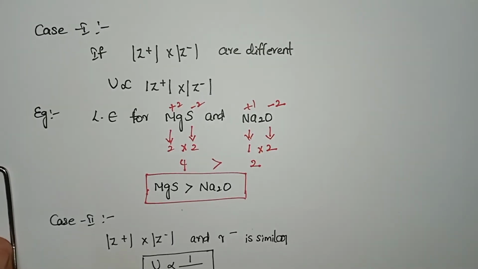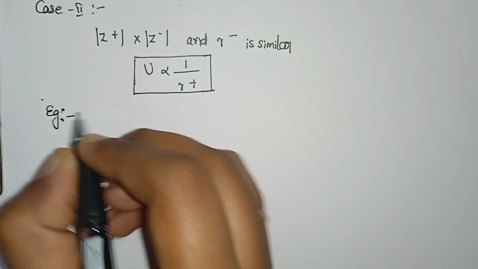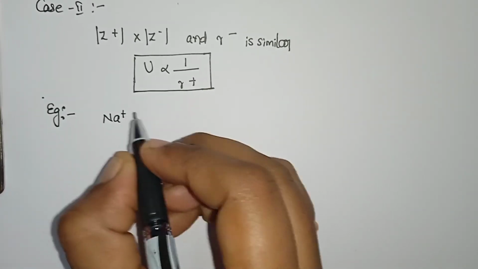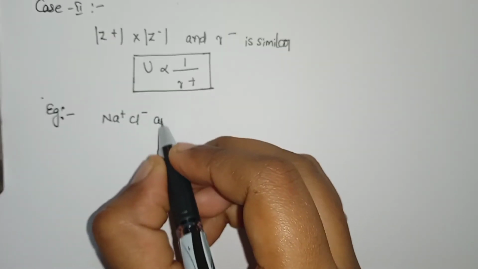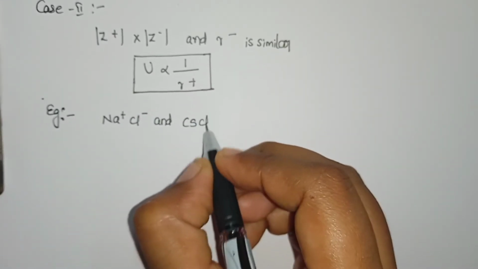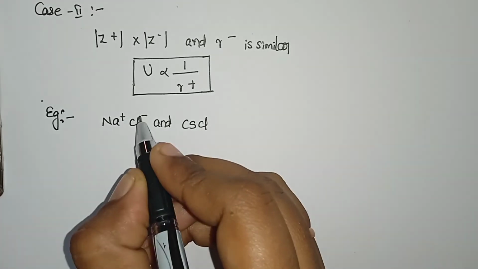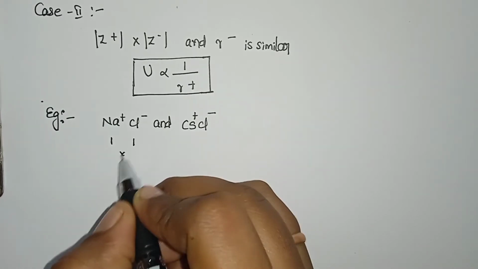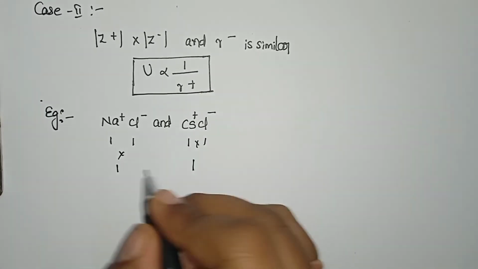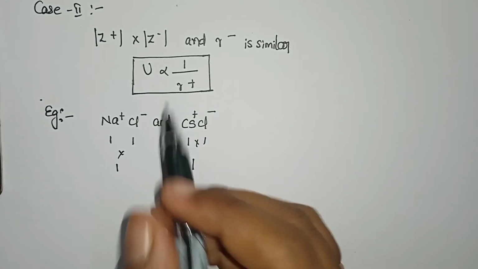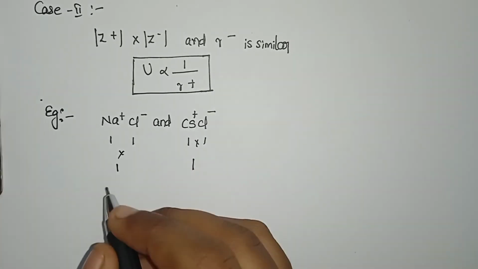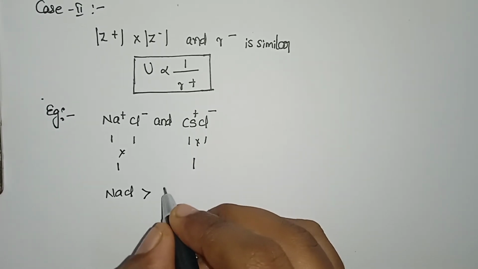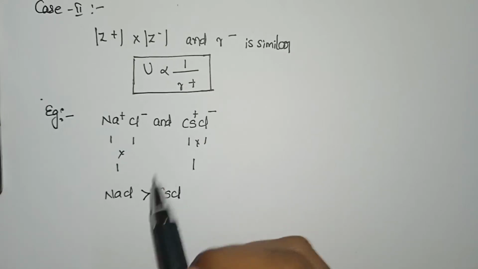For example, the order of lattice energy for NaCl and CsCl: Na plus Cl minus, Cs plus Cl minus. So 1 into 1 and 1 into 1, they are the same. The equation U proportional to 1 by R plus, so the answer is NaCl greater than CsCl.